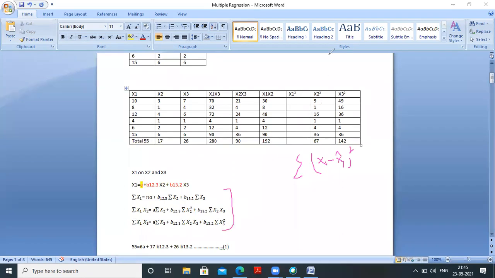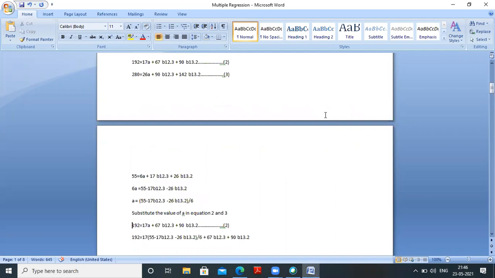Now, substituting the values like sigma x1, sigma x2, sigma x3 in these three equations, we will find that 55 is equal to 6a plus 17 b12.3 plus 26 b13.2. Similarly, this will be our second and third equation. Now, taking a from this equation, it will be 55 minus 17 b12.3 minus 26 b13.2 over 6.